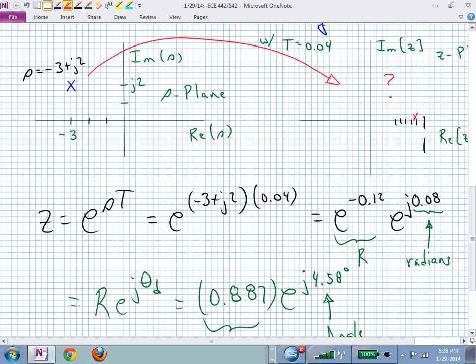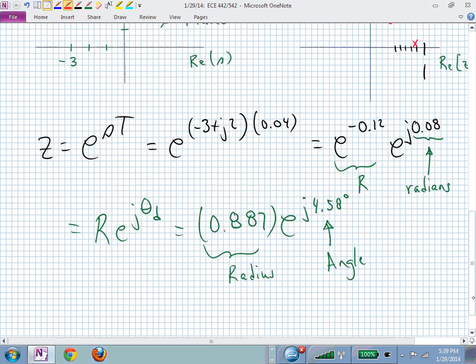And that's definitely inside the unit disk. The radius is 0.9, and that's less than 1. So we know that that particular point, which started in the left half of the complex s-plane, would be a stable location if it corresponded to a plant. Then that mapped into something that was inside the unit circle.